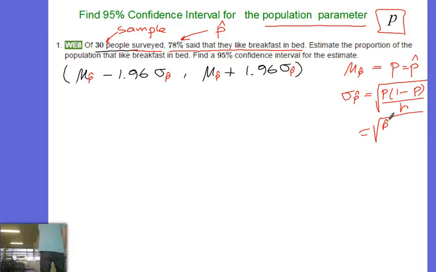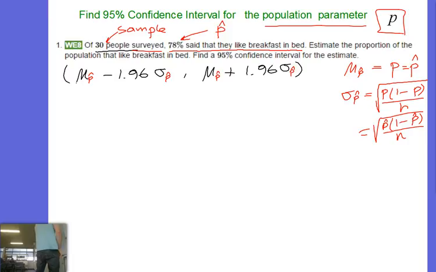So it becomes root of P hat times 1 minus P hat, over n. So we have to use the sample proportion value, because it's just an estimate, not the true number. Does that make sense? So we use those rules and this structure to form our estimate.